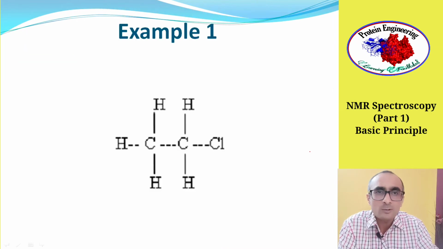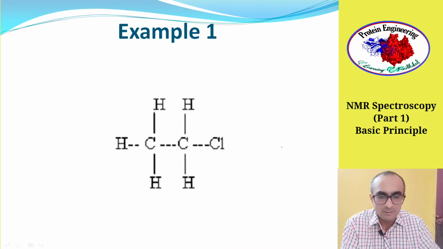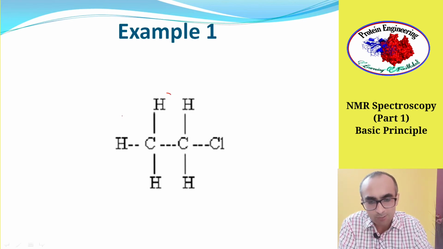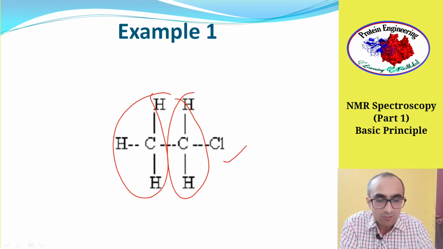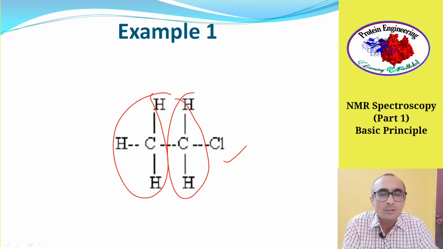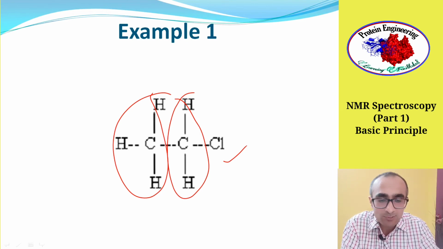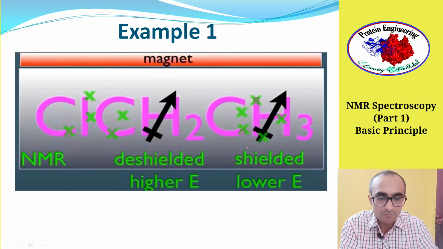So now let's look at an example of some compounds, how they behave, what kind of peaks they will give in NMR spectroscopy. For example, you have a compound CH3CH2Cl, ethyl chloride. If you put this compound into NMR spectroscopy and try to detect H1 hydrogen atoms, how many peaks would you get?